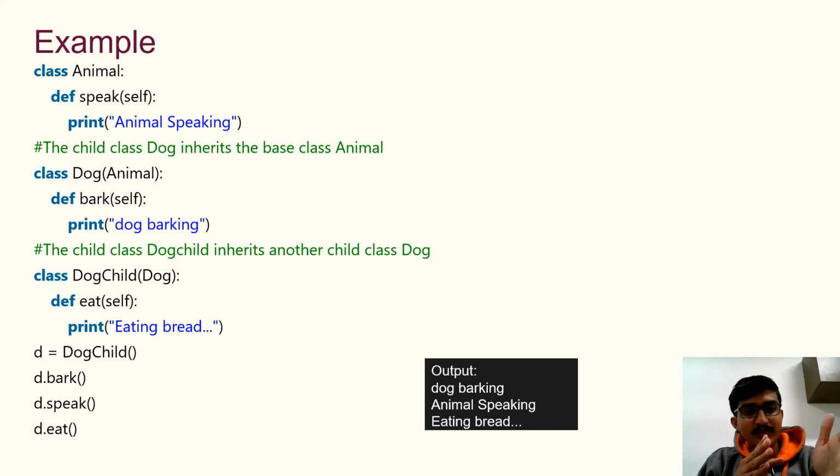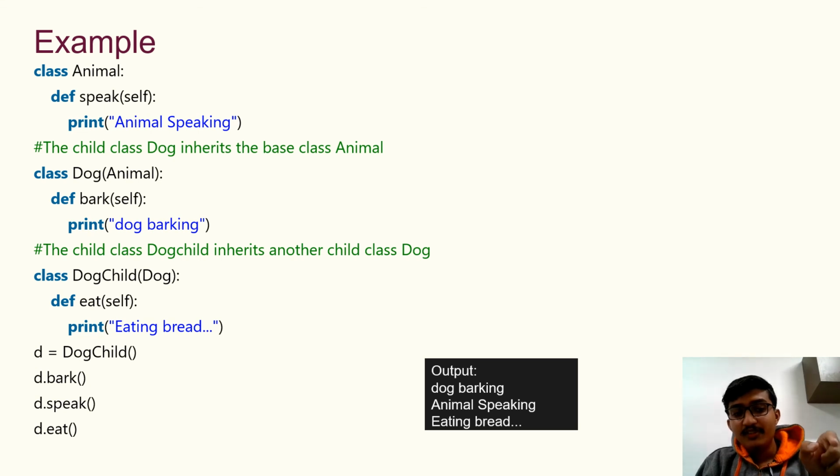In that example we have created the class animal. By using animal we derived dog, meaning the dog class has the properties of the animal class. By using dog we have inherited dog child, which has the properties of the dog class. Now we have created the object of dog child.